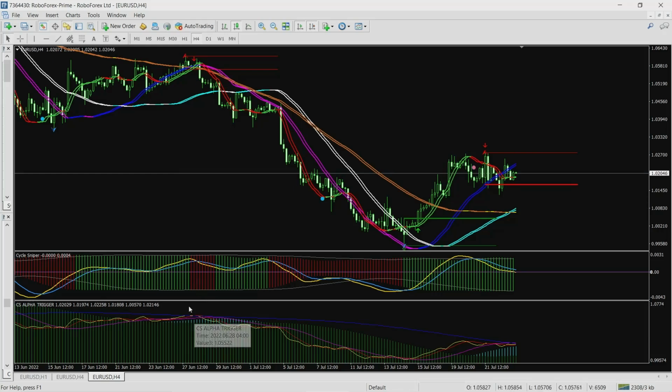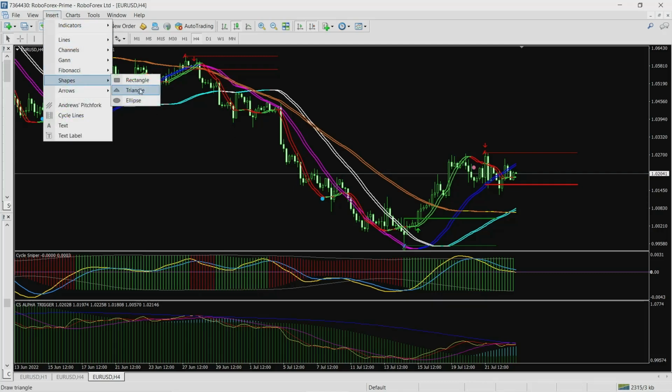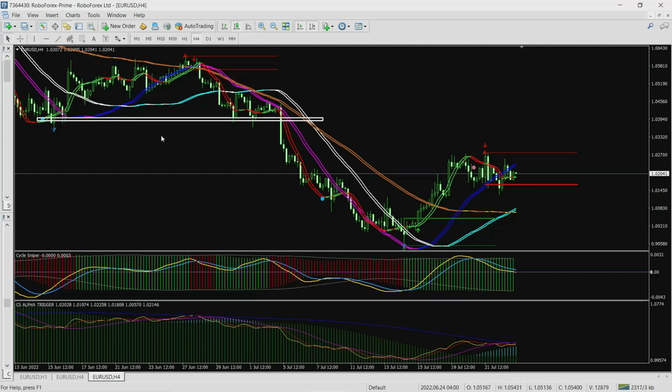Alpha Trigger and Beta Bands will help you: oversold levels, Alpha Trigger crosses down Cycle Sniper, price closes below all support zones and all Beta Bands. 24 periods, 61 periods, 100 periods, and 200 periods of Beta Bands.